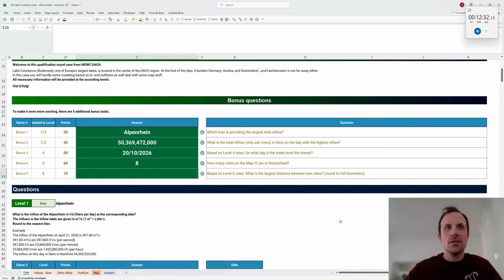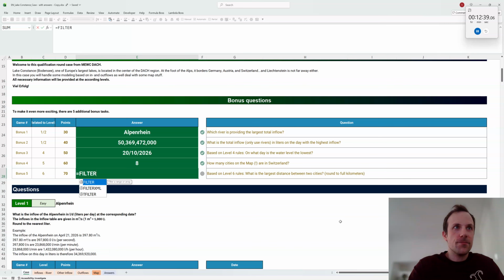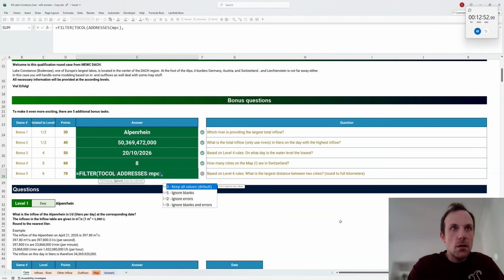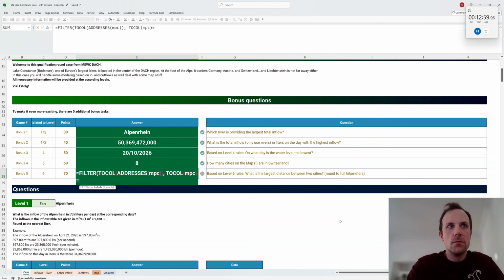Okay, can I do this in one cell? Why not? So all the cities, I need to filter to call the addresses of my map C, hold on, where my to call of map C equals C. So that gives me all the addresses.